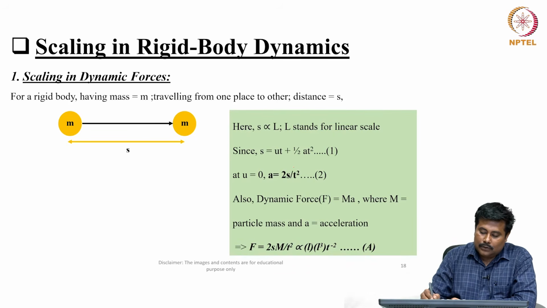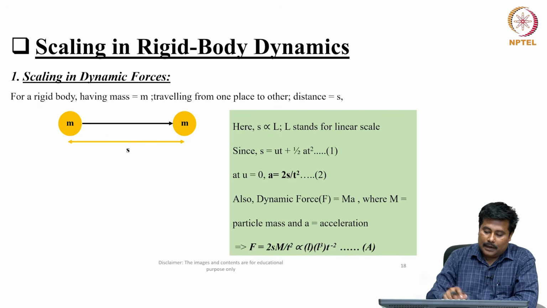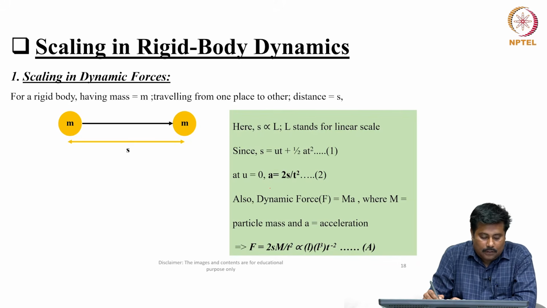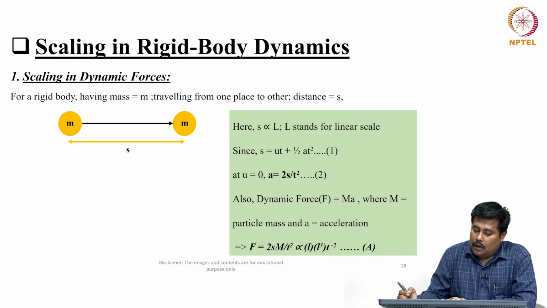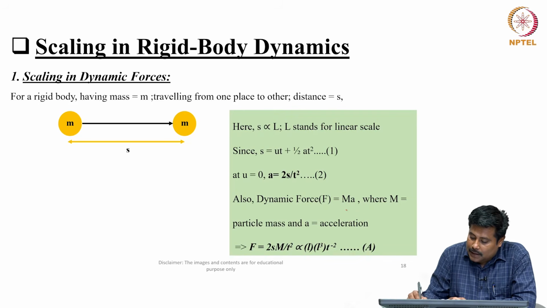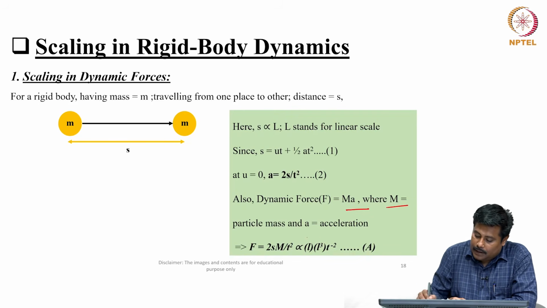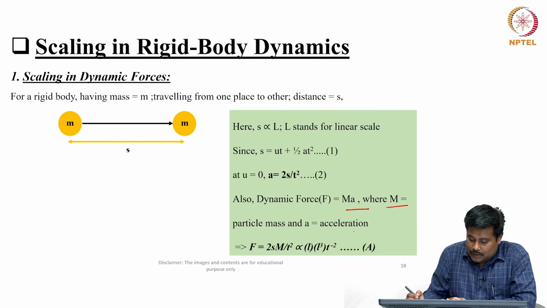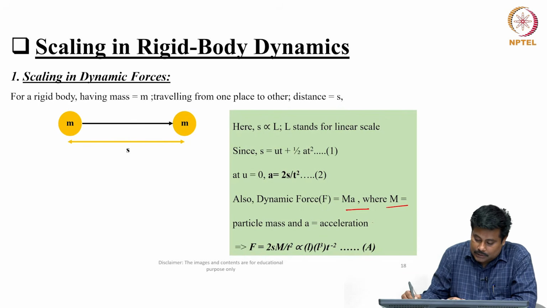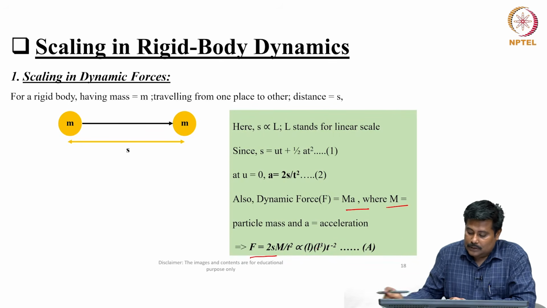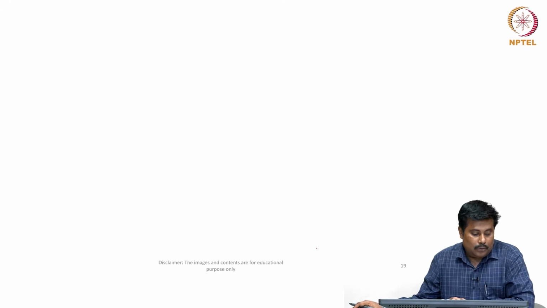Similarly, s is ut plus half at squared, since it is the movement of the particle, and when u is equal to 0, a is 2s by t squared. Also, the dynamic force is considered as ma, where m is the particle mass and a is the acceleration, and F is 2sm by t squared, L cube by t power 2.